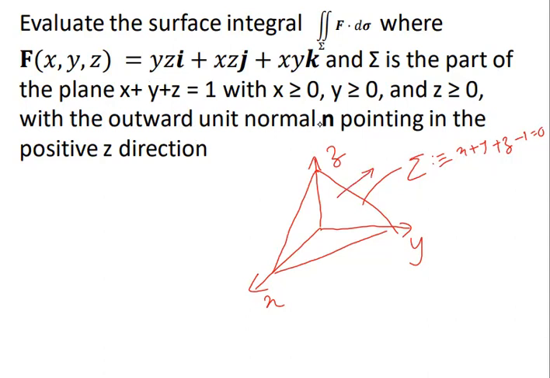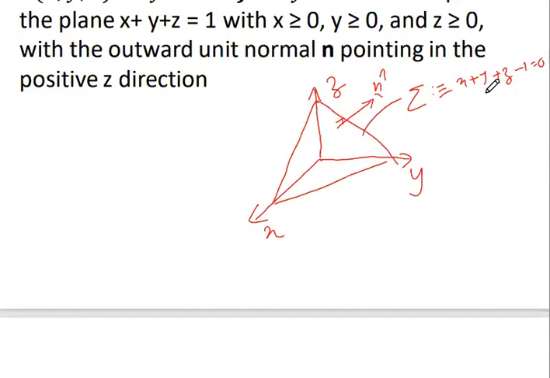Very easy to find, because this is a plane. Look at this: x plus y plus z is a constant, so this is a level surface of g.